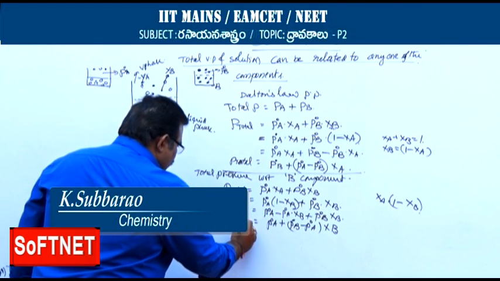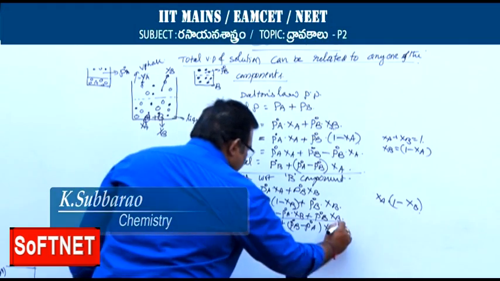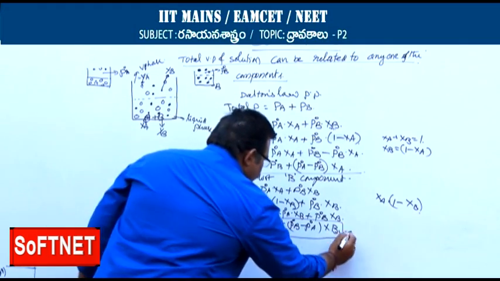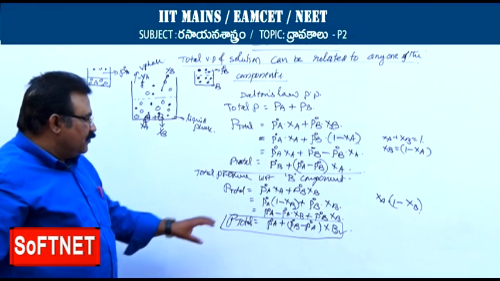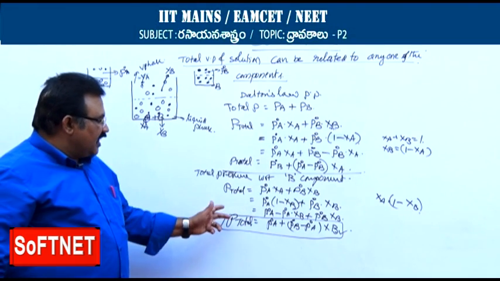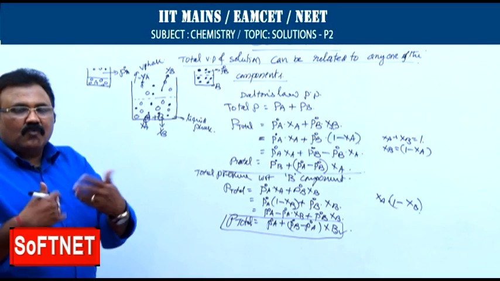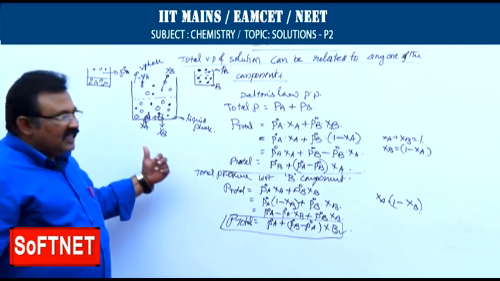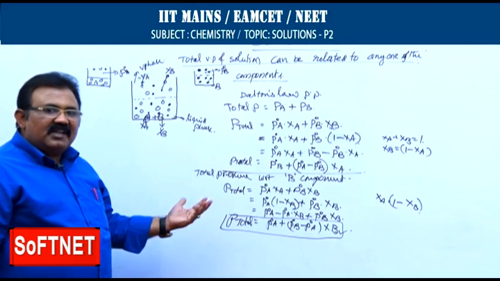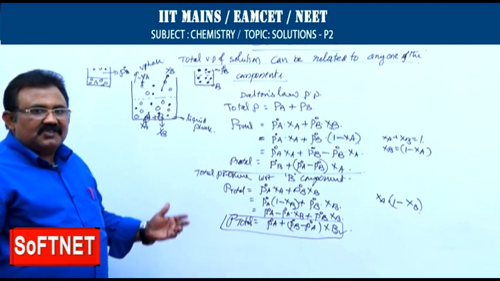This is the total pressure of the liquid with respect to mole fraction of the B component. In this way, Raoult's law is more advantageous and has a wider range of applications than Henry's law.